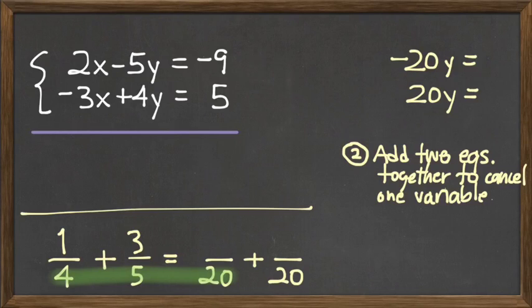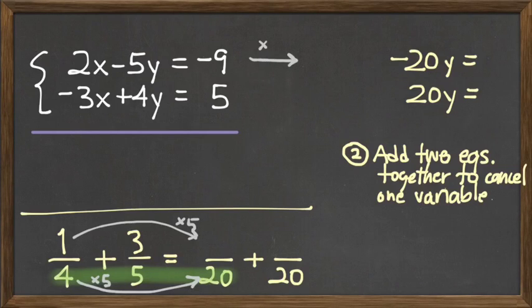So then just as if we were to balance these two fractions with a common denominator of 20, we have to ask the question, what do I multiply 4 by in order to get 20? 5. So that should be what I end up multiplying by. Well, same story up here. That means that what I want to do is multiply this first equation by 5. Oh, sorry, not the first equation, the second equation. Multiply the second equation by 5.